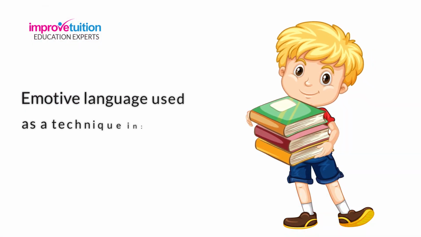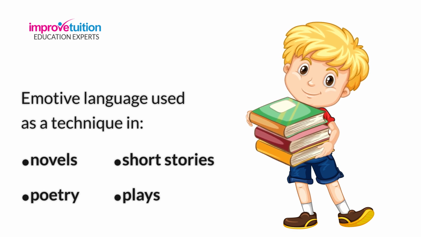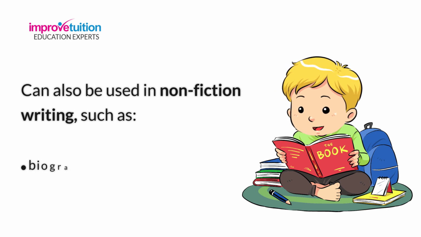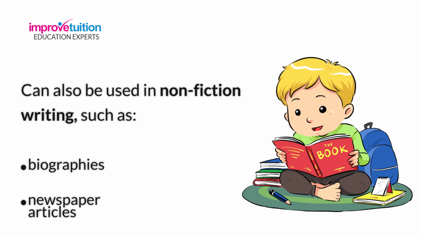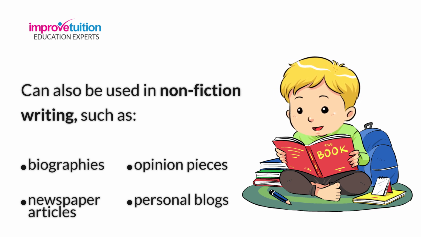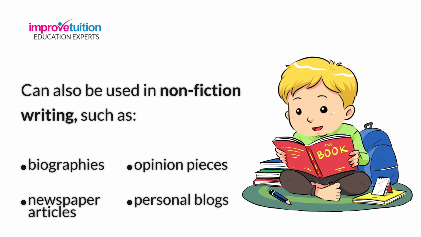Emotive language used as a technique in novels, poetry, short stories can also be used in non-fiction writing such as biographies, newspaper articles as mentioned, opinion pieces and personal blogs. So to really get the emotions aroused, the emotions evoked, we want to use a range of emotive language words and phrases to really bring the writing to life.